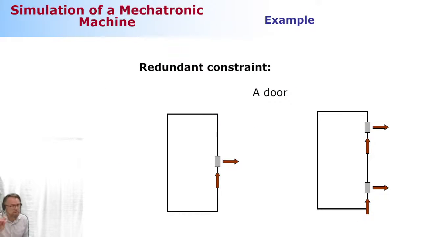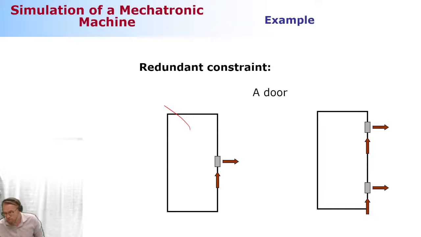Okay, we learned that the revolute joint needs 5 constraint equations. In three-dimensional space, one body needs 6 generalized coordinates. So I have here a door, the one that separates us from the rest of the world. How many bodies do I have here? One body.